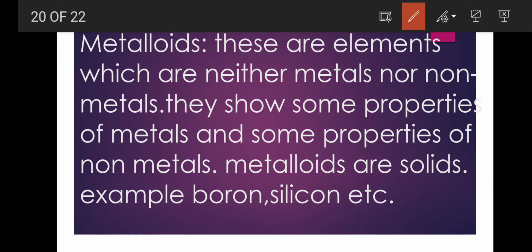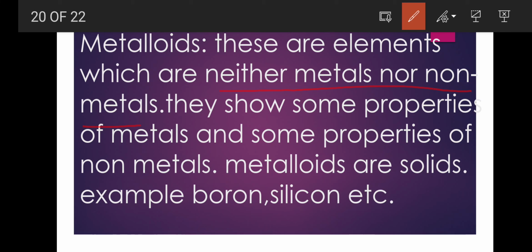Now next is metalloids. So all the properties of metals and non-metals I have discussed, and I have compared also, so that it becomes very easy for you all to store in the mind, to learn it and to understand it. Clear? Now I am going to discuss the next type of element, that is the metalloids. Metals I have discussed, non-metals I have discussed, and the third one is metalloids. Metalloids are what? Metalloids are elements which are neither metals nor non-metals.